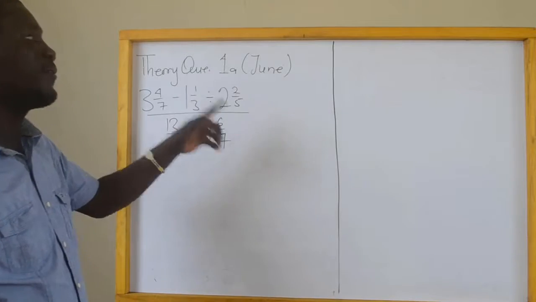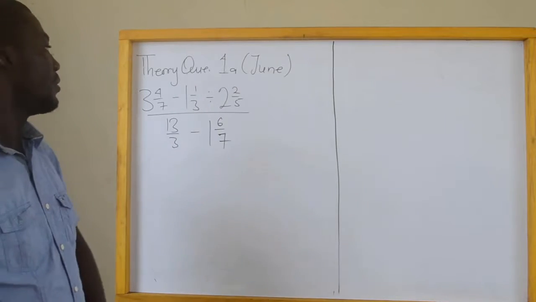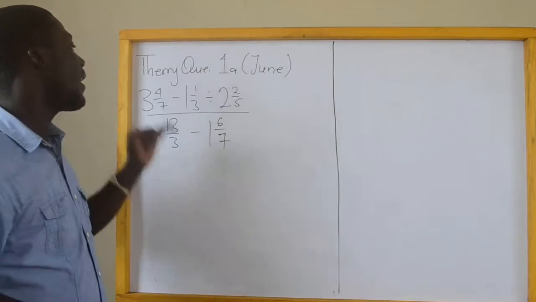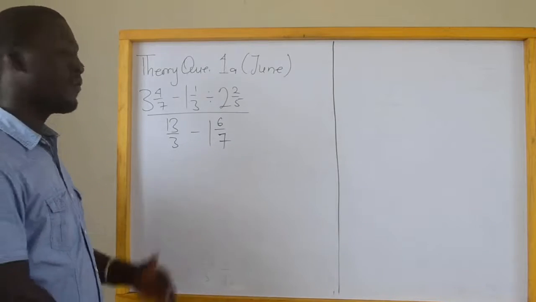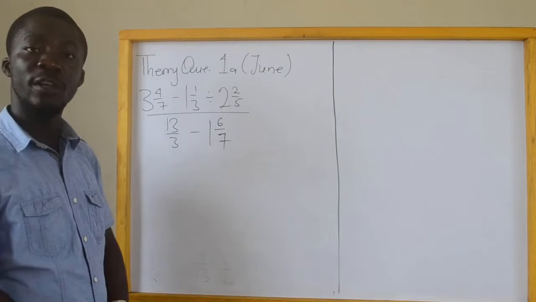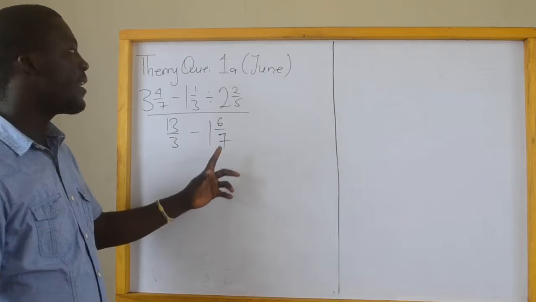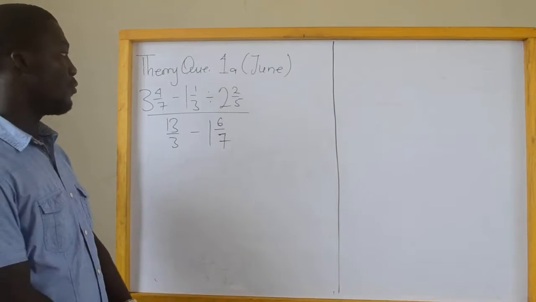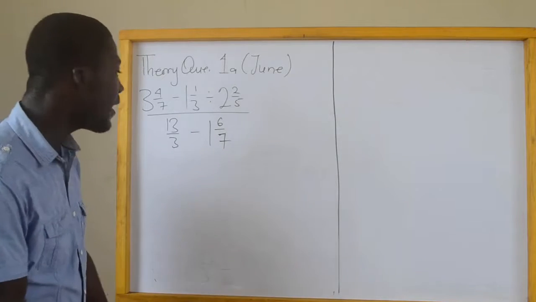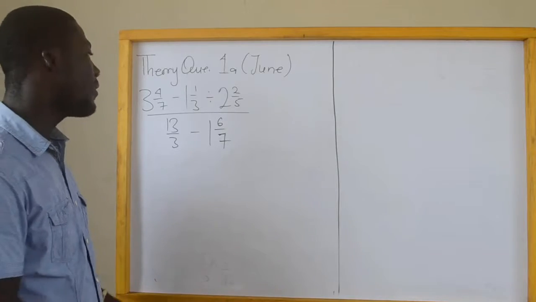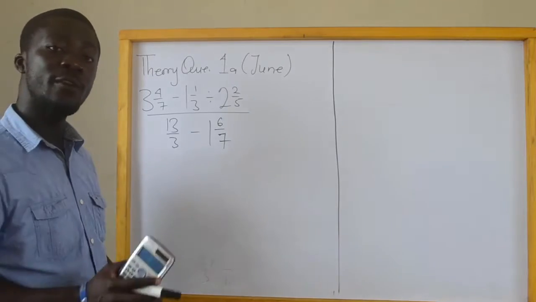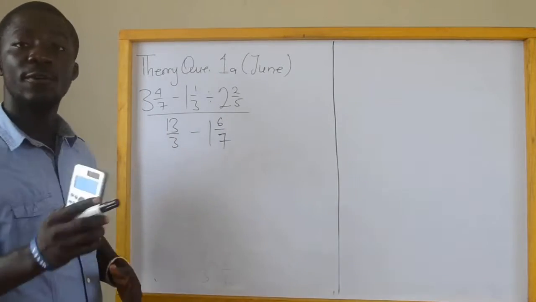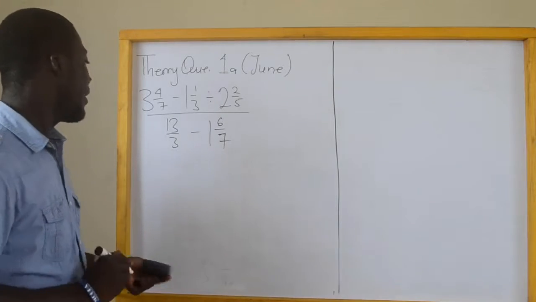Our theory question 1a, June, says that we should simplify 3 whole number 4 over 7 minus 1 whole number 1 over 3, divided by 2 whole number 2 over 5, all divided by 13 over 3 minus 1 whole number 6 over 7.